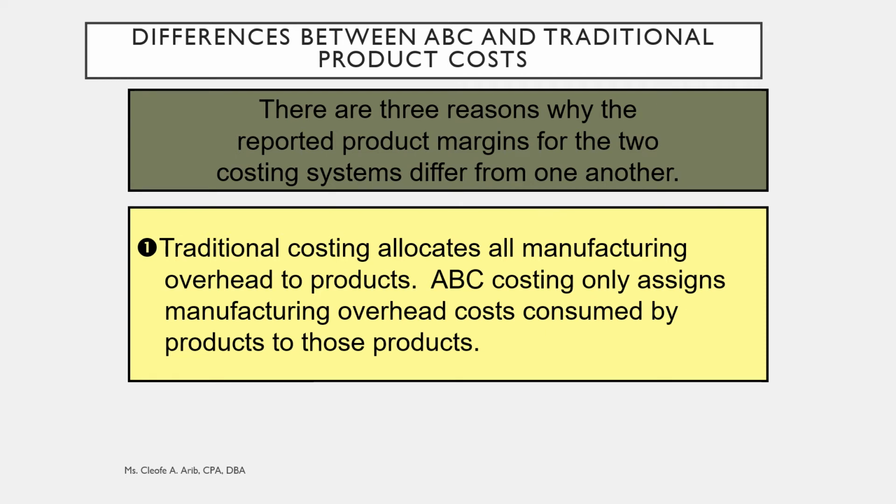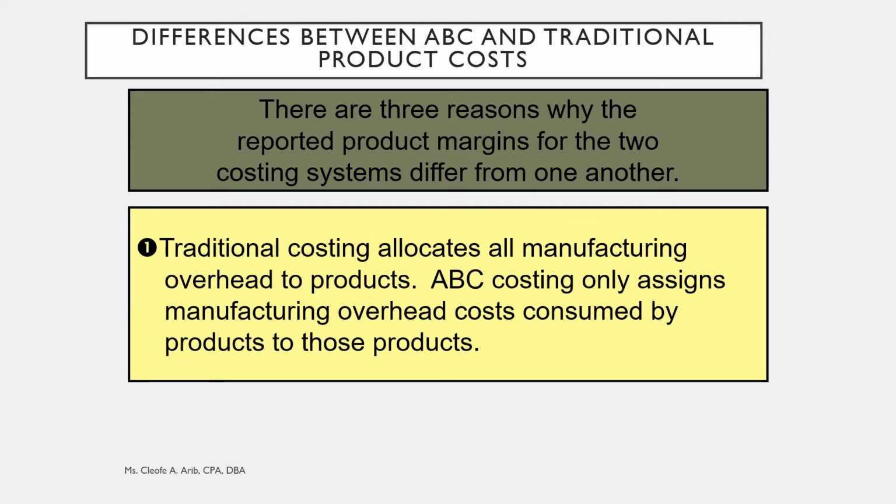There are three reasons why the traditional and your activity-based costing systems report different product margins. The first reason is that Classic Brass's traditional cost system allocates all manufacturing overhead costs to products.